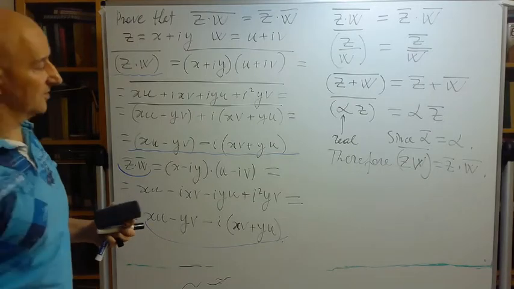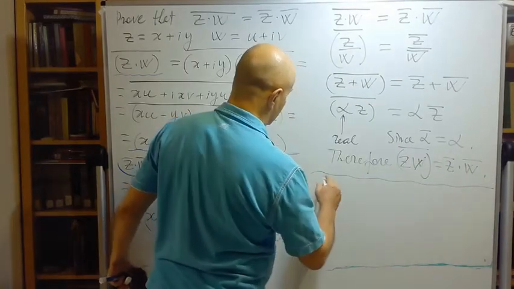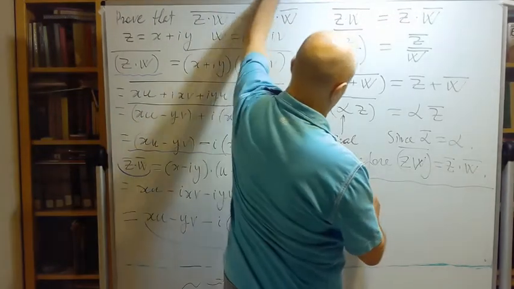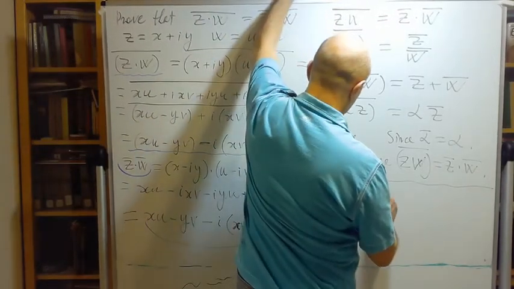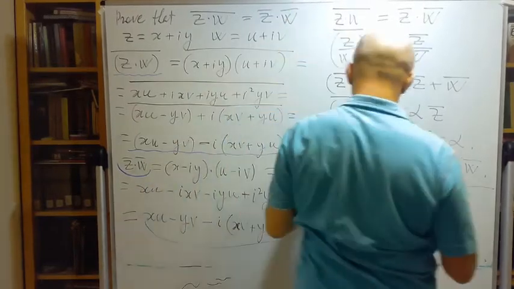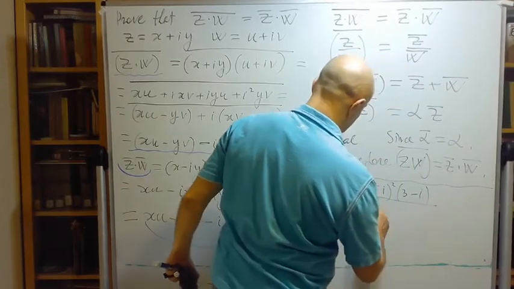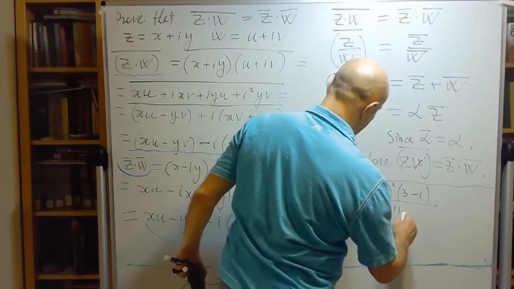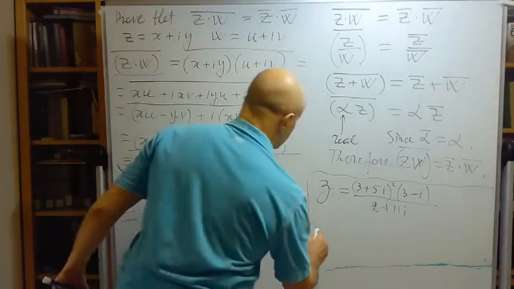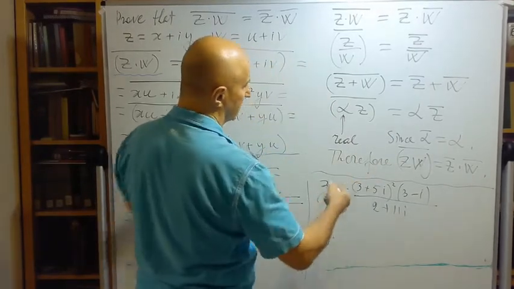So for instance, if number z equals 3 plus 5i squared multiplied by 3 minus i divided by 2 plus 11i, and you want to write the expression for z conjugate, I don't say calculate in standard form, it's easy, but it's a lot of writing.